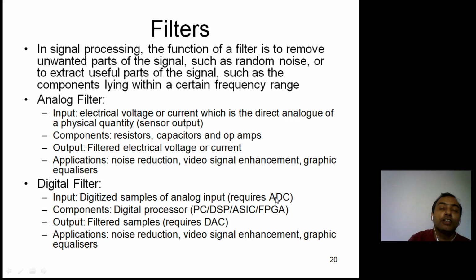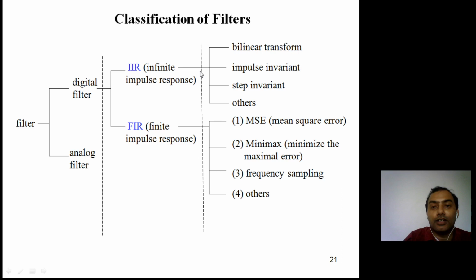IIR means infinite impulse response, FIR means finite impulse response, the name itself is clear. IIR is further categorized into bilinear transform, impulse invariant and step invariant and some others. These are the infinite impulse response digital filters.